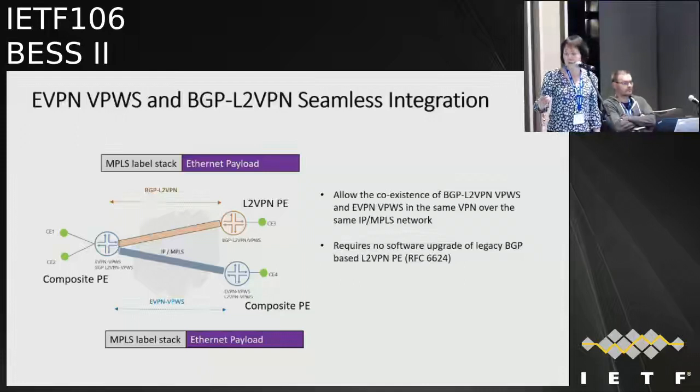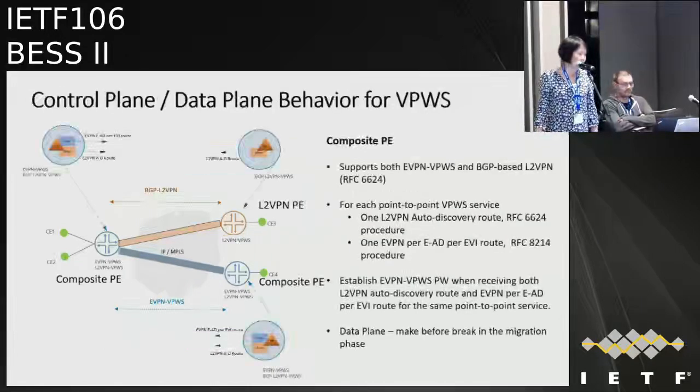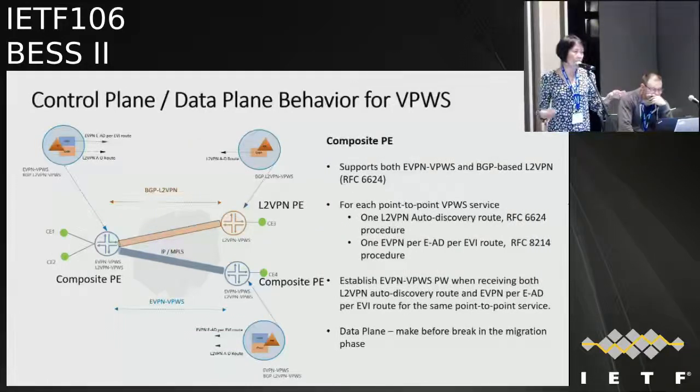So basically just three points: no upgrade for the legacy PE, the composite or hybrid PE will always do both control plane signaling, and if both are supported, EVPN takes preference. This explains what is done in the control plane versus the forwarding plane. The forwarding plane is always the same, but in the control plane we need to run both protocols in the composite PE.